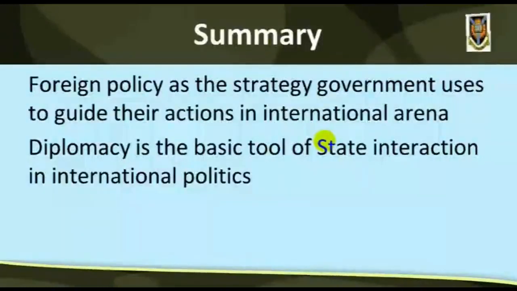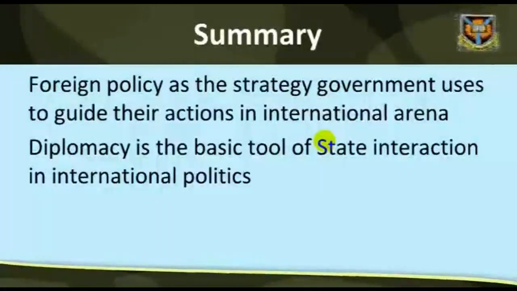The intention of foreign policy is to affect the behavior of other actors, even if only in general terms. On the other hand, diplomacy is the techniques often adopted by states in order to achieve their foreign policy objectives. Therefore, diplomacy is the basic tool of state interaction in international politics.